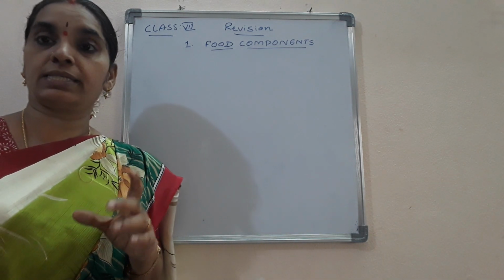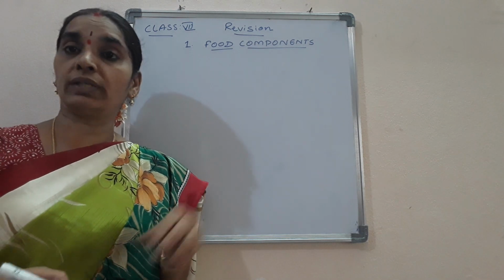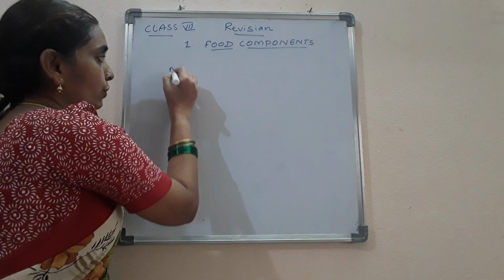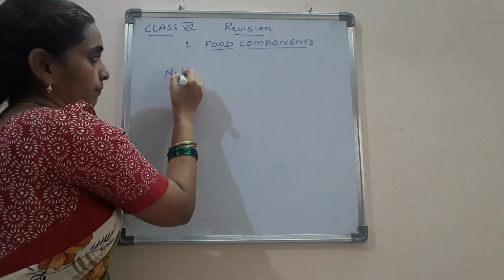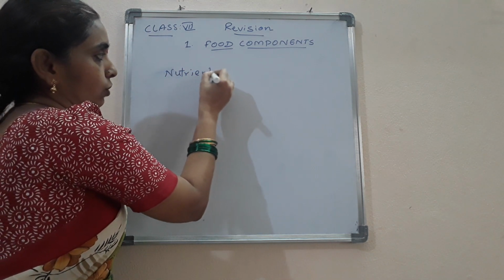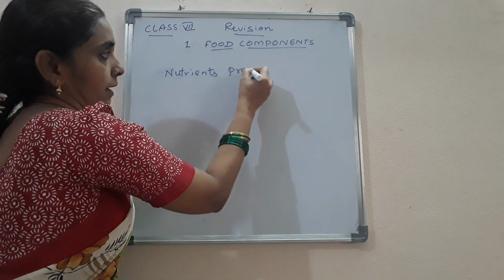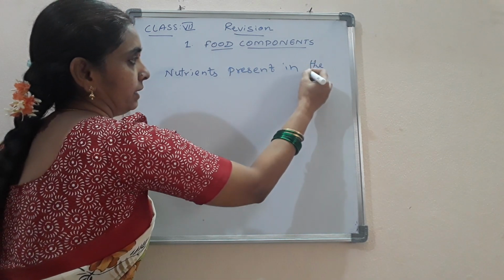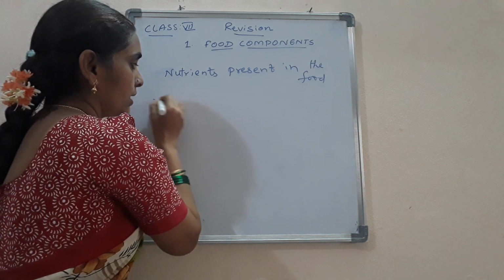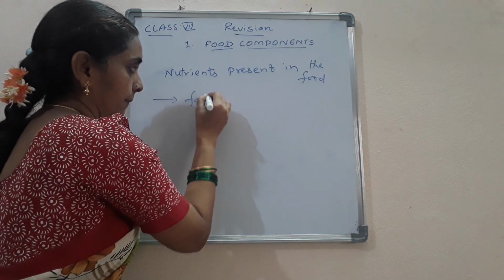These nutrients are of two types: macronutrients and micronutrients.